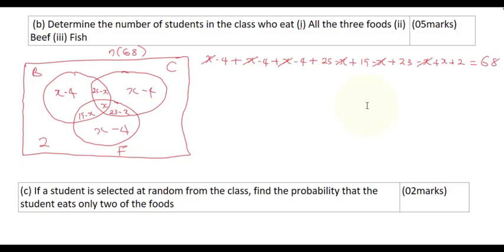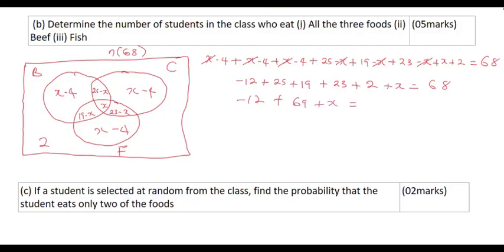So we have minus 4 minus 4 minus 4, that's minus 12, plus 25 plus 19 plus 23 plus 2, then plus X is equal to 68. Now when you sum 25 plus 19 plus 23 plus 2, you are going to get 69.